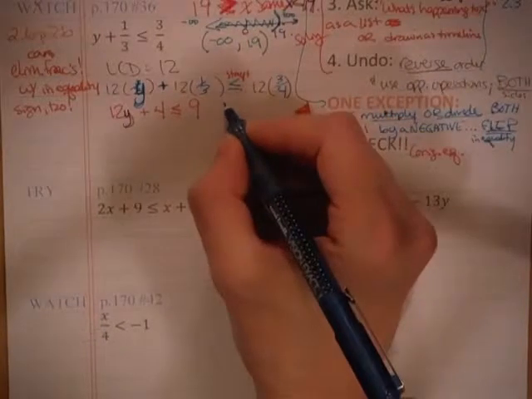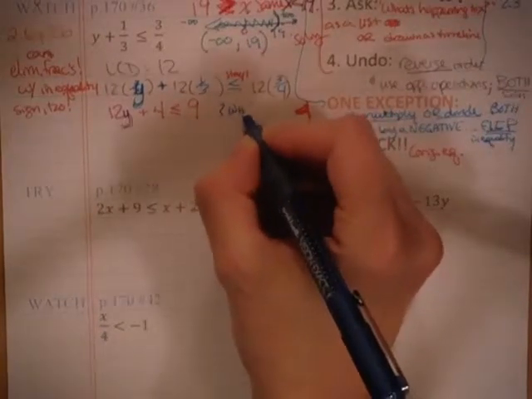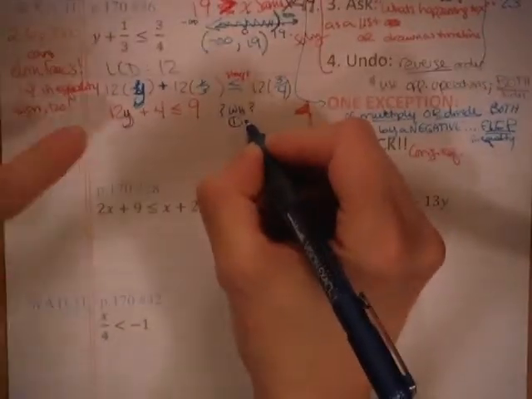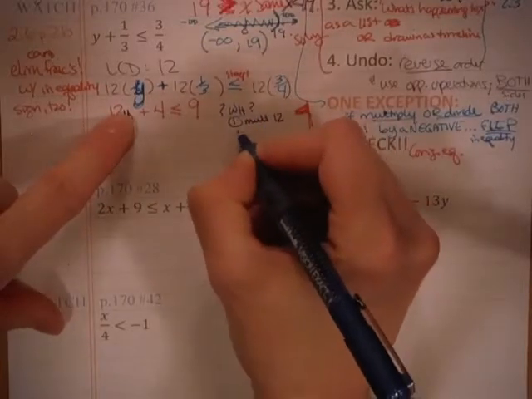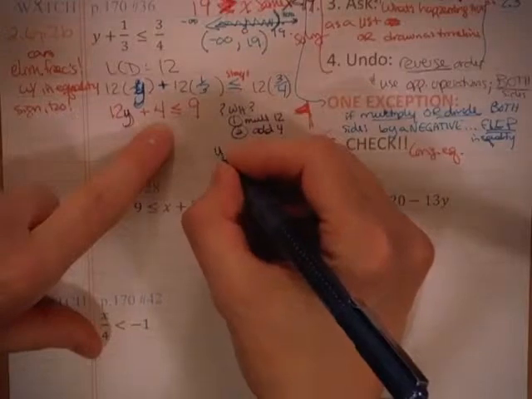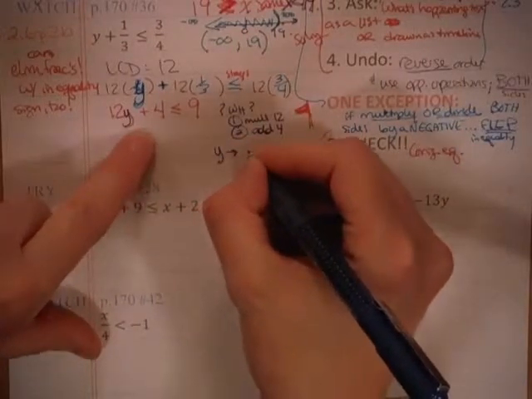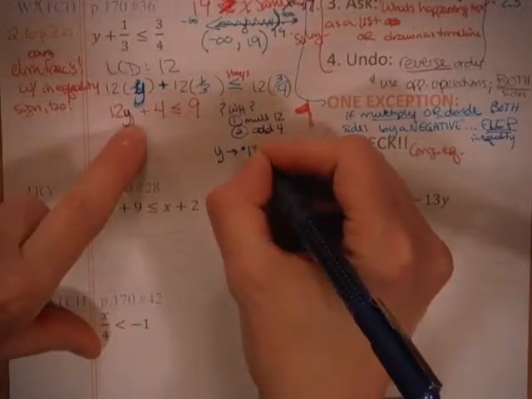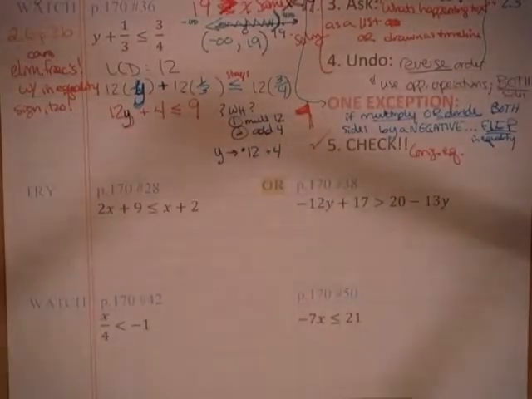Let's ask ourselves, what's happening to y? There's two things. First, it's getting multiplied by 12. The next thing that's happening is you're adding 4. Or if you want a timeline version, looking left to right, you'd have y, you would multiply it by 12, and then you'd add 4.